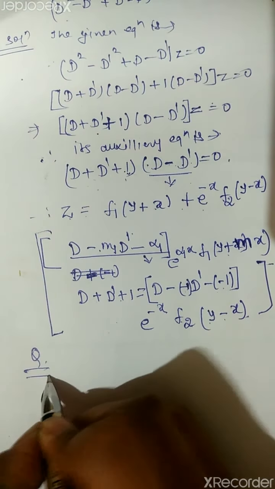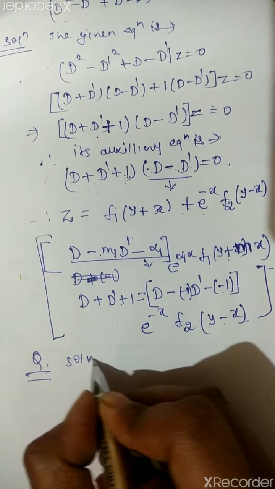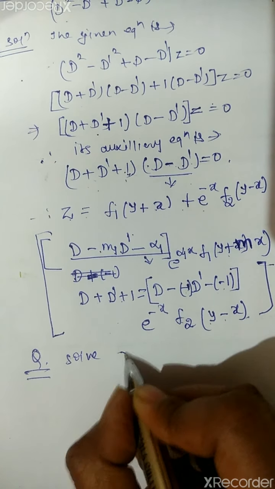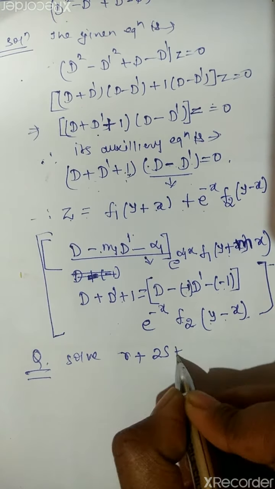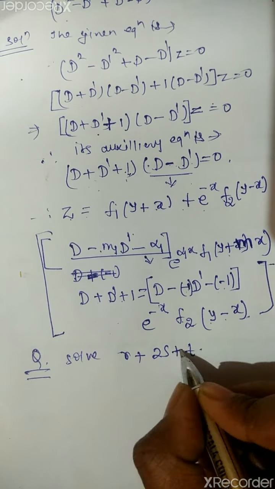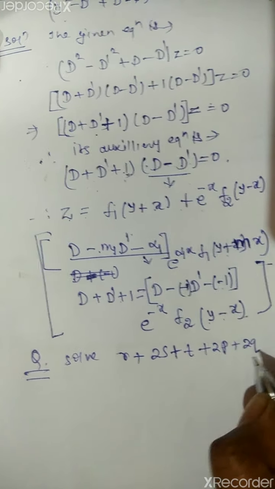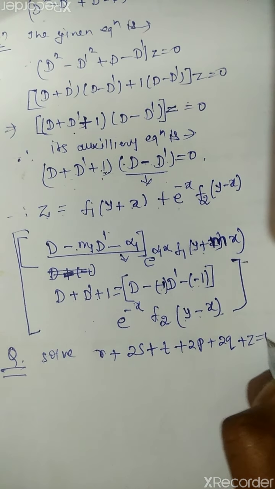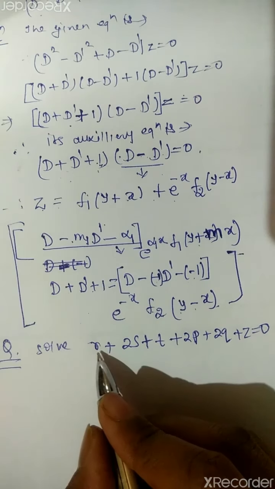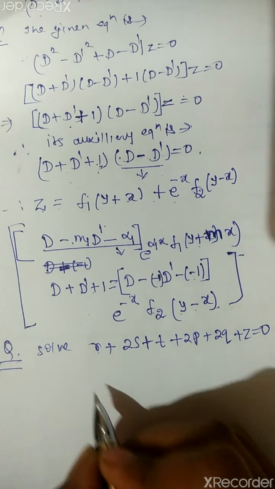Let us take this question. Solve r plus 2s plus t, okay, plus 2p plus 2q plus z equals to 0. Let us see this question. What this r is? R is del 2z by del x2.